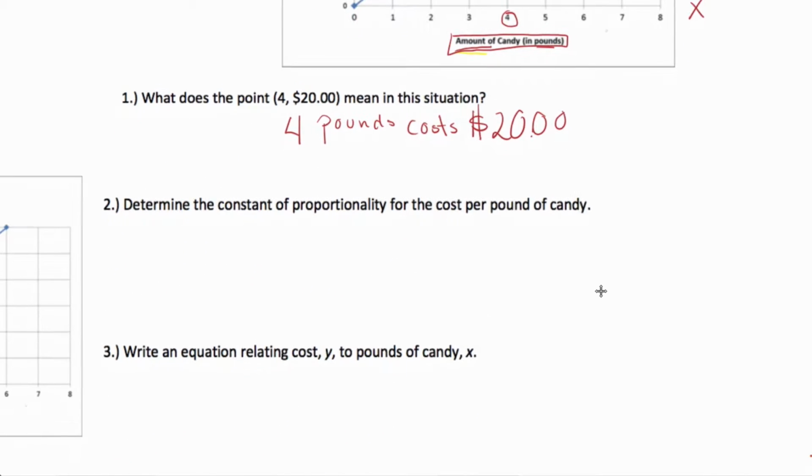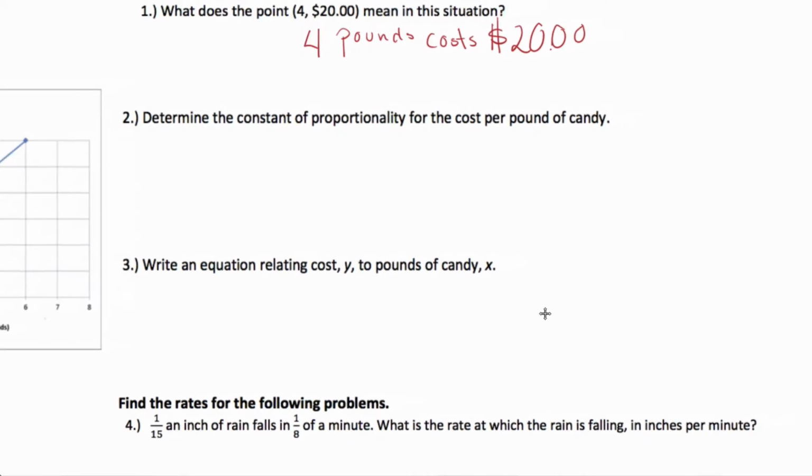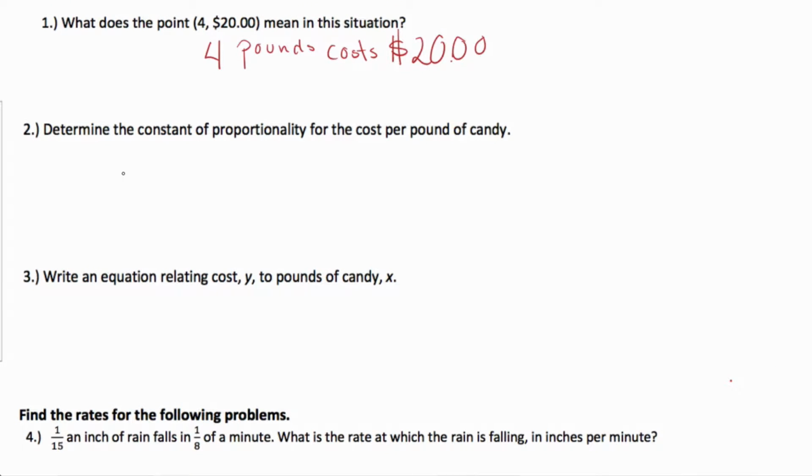Determine the constant of proportionality for the cost per pound of candy. So there's a couple of ways we could do this. I'm not going to show that graph first. I could simply say, well, I know that it cost me $20 for 4 pounds. And I'm putting pounds on the bottom because it says here I'm looking for the cost per pound.